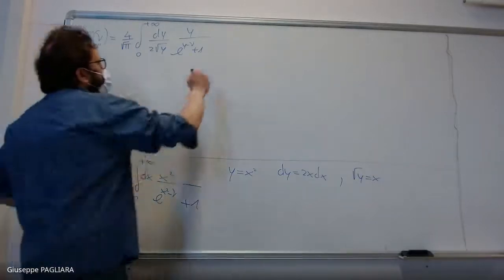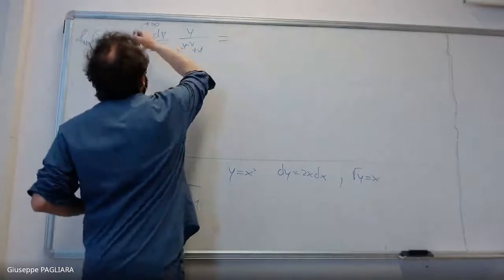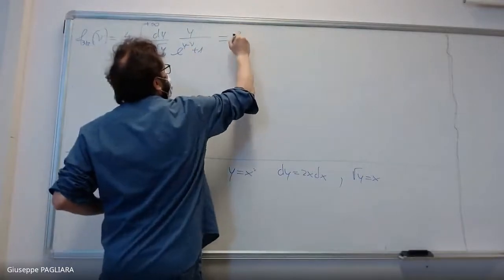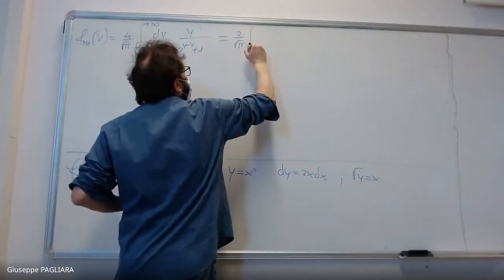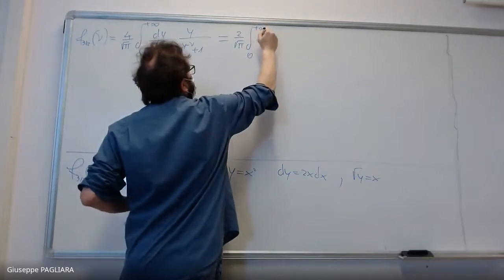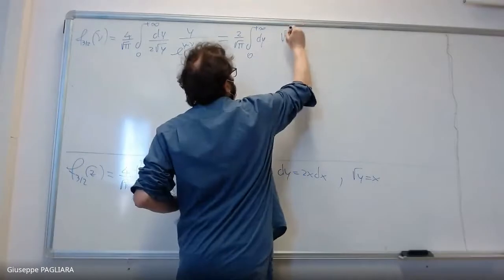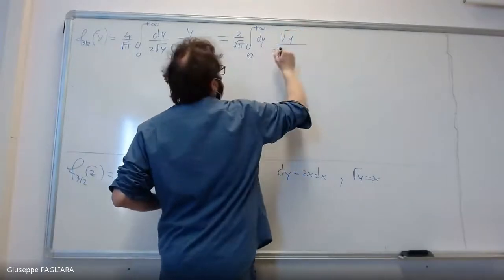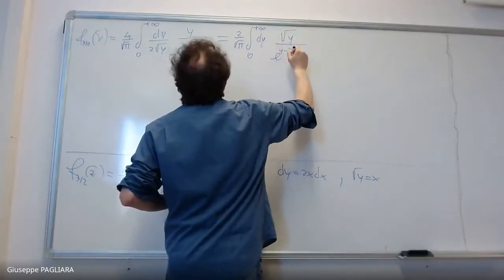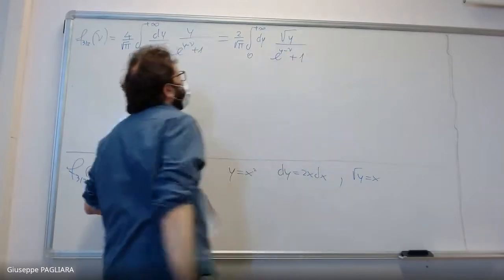Okay, so this is equal to, in front, 2 over square root of pi, integral from 0 to plus infinity dy of square root of y divided by e to y minus nu plus 1.